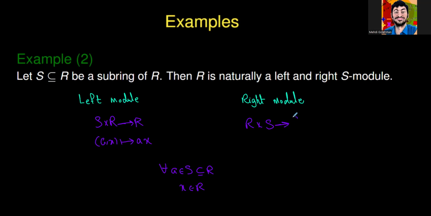So it would be xa maps to xa. So again, this multiplication is in R. So that's it. So that is how it is naturally a left and right S module.